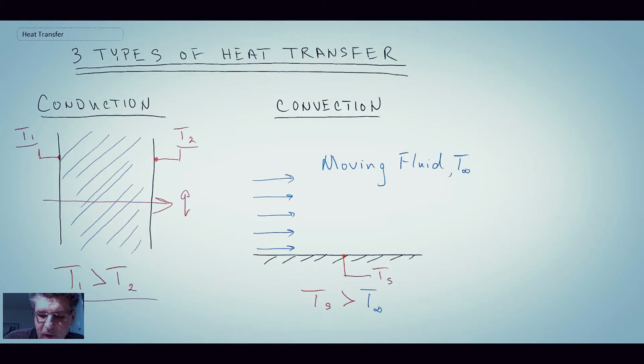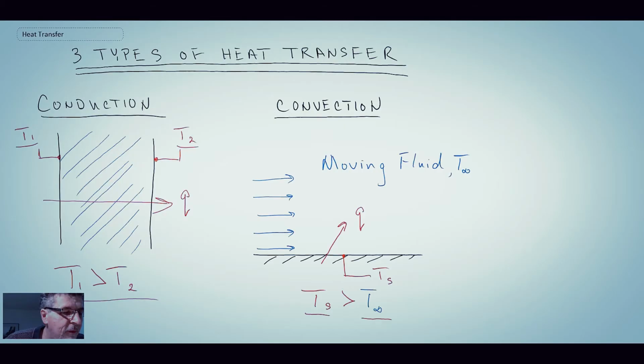You could have the solid either hotter or cooler than the fluid. But in the case we're looking at here, the solid is hotter than the fluid temperature. So heat would flow from the solid out into the fluid, and we would draw our convective heat transfer going in the direction into the fluid. In this case, the solid would be heating the fluid.